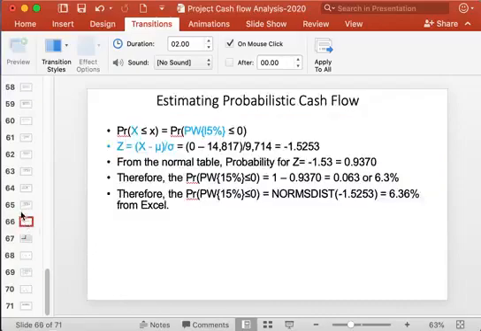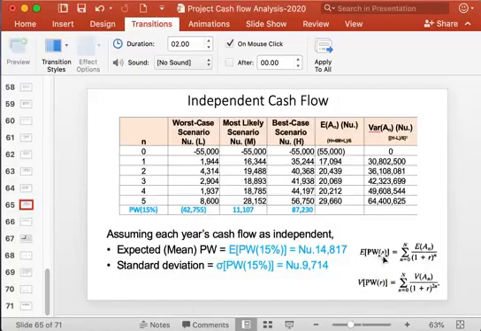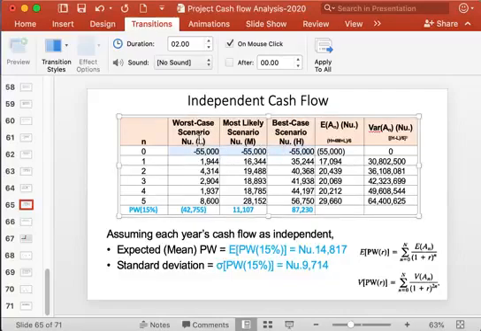In the earlier case, the expected present worth was calculated using this formula, which is essentially nothing but a summation of each year's present worth, except that the expected cash flow in each year, we have taken it as a range from worst case to best case.